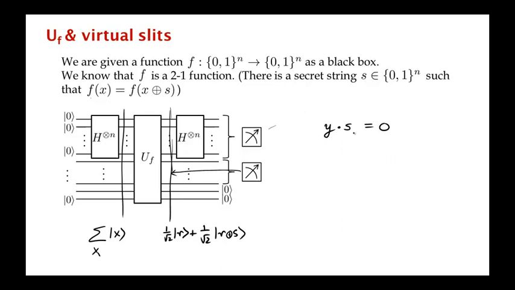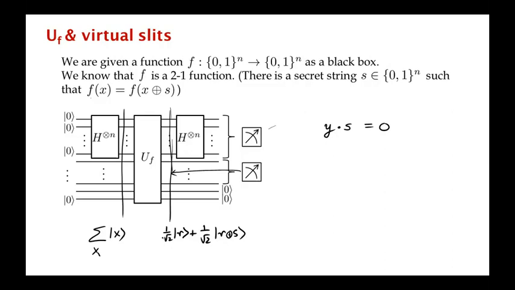Okay, so you can see Simon's algorithm as this very interesting double slit experiment. The slits are virtual, and they reflect the input to the problem that we are trying to solve.